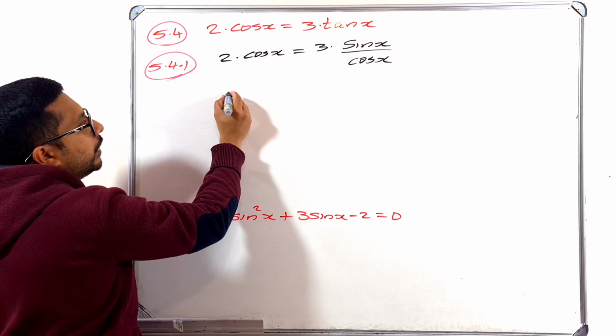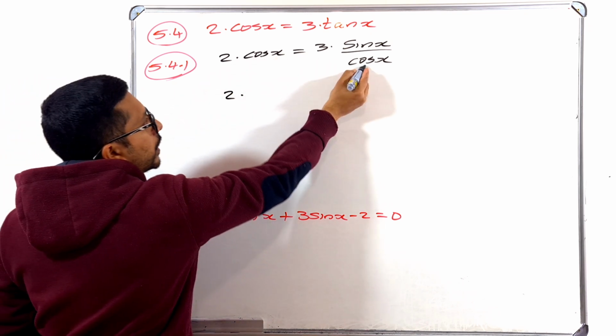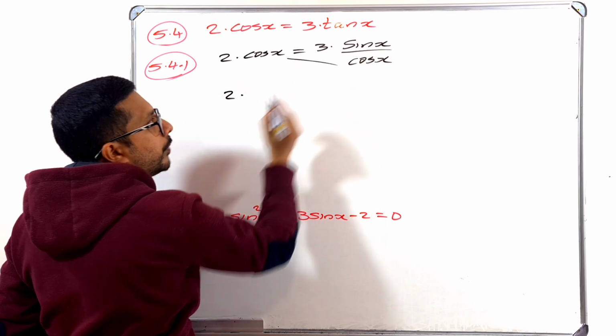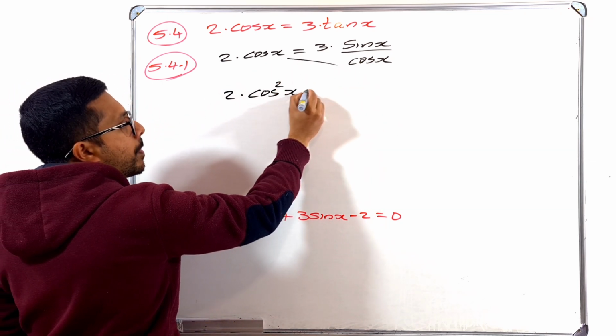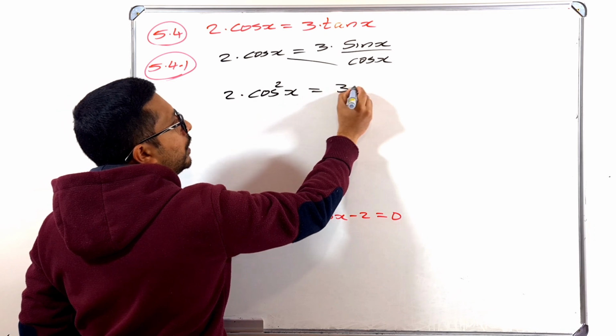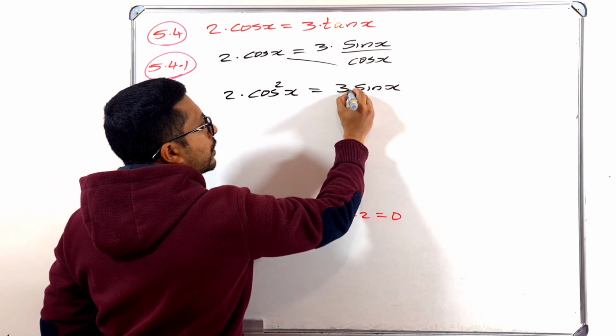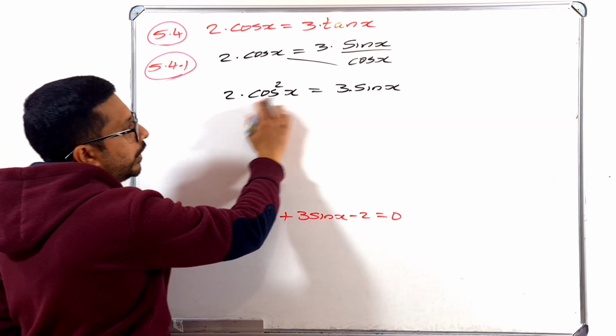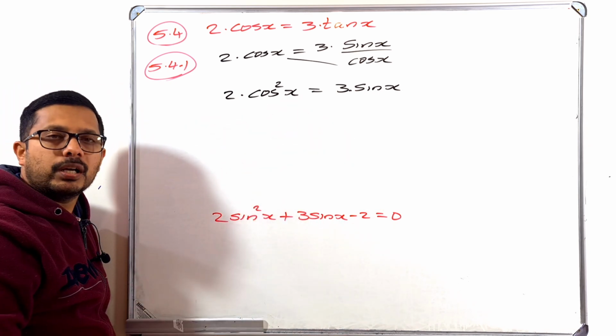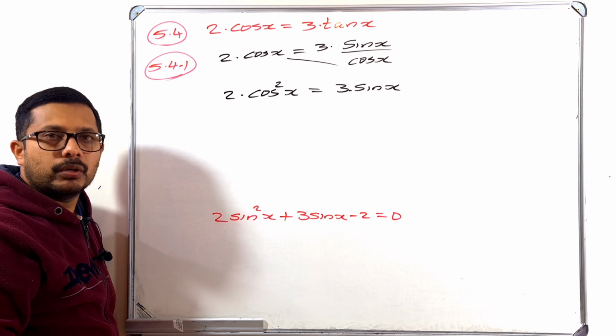Okay, so here it is 2 into cos x times cos x, this one will multiply each other, so it is cos square x is equal to 3 sin x. Okay, so now cos squared x, in our expression what we want, there is no cos, only sine.